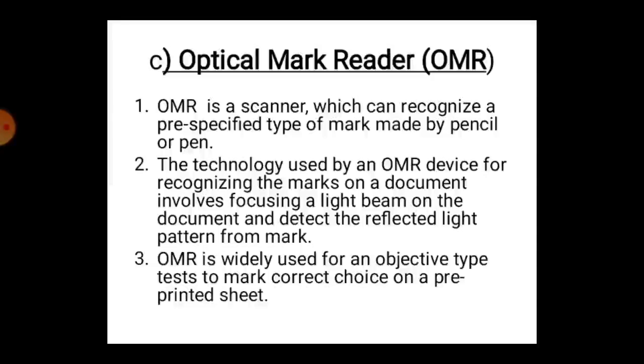The light is reflected, and depending upon how much light is reflected and the shape, you can recognize the character. OMR is widely used for objective type tests to mark the correct choice on the pre-printed sheet. This OMR technology is very useful when you take up competitive examinations where objective type tests are to be answered.